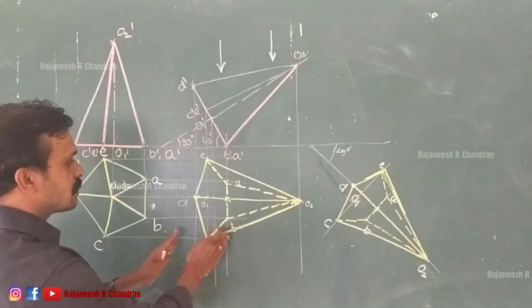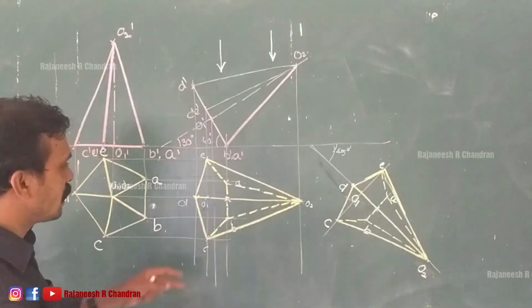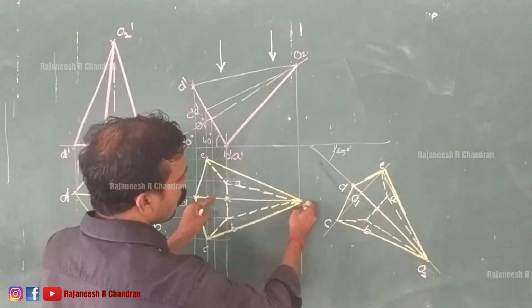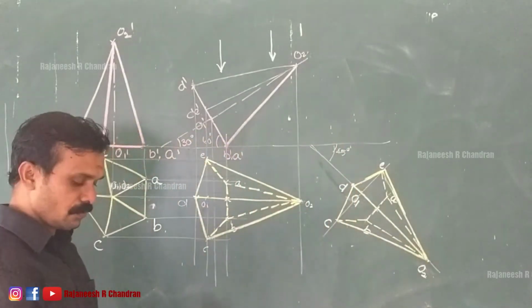So now this image has been reproduced here by keeping the top view of the axis at an inclination of 45 degrees.